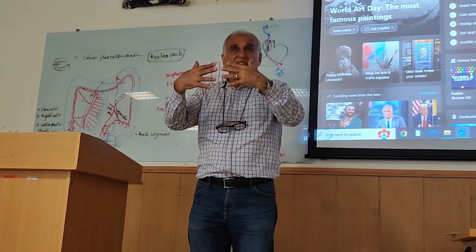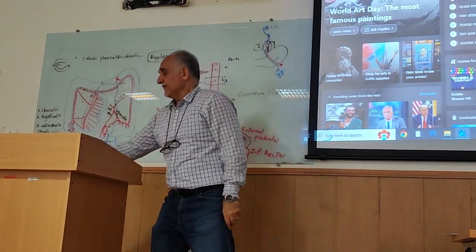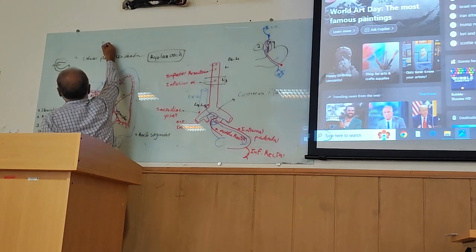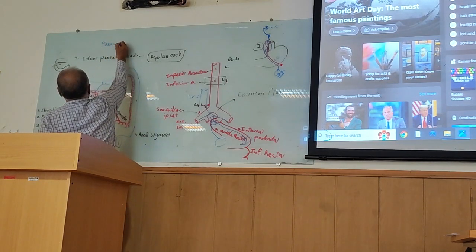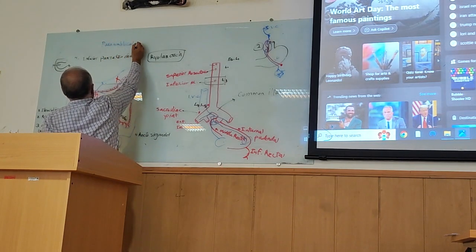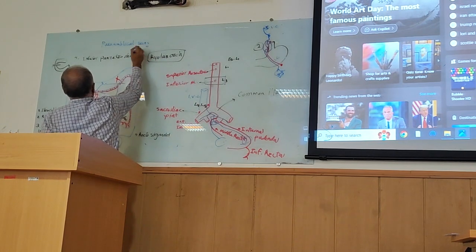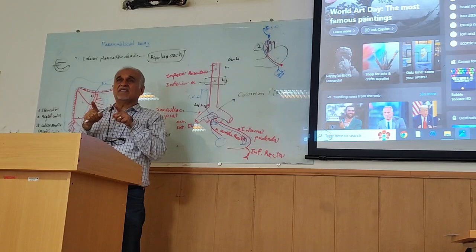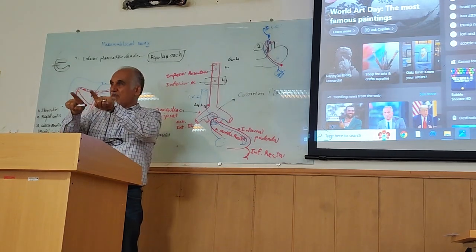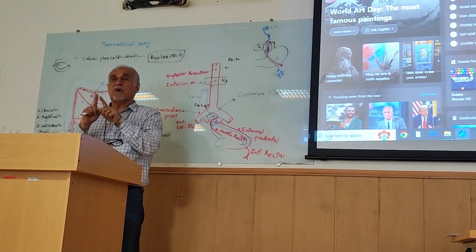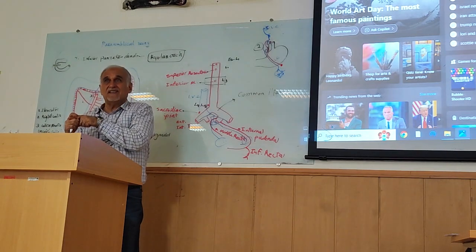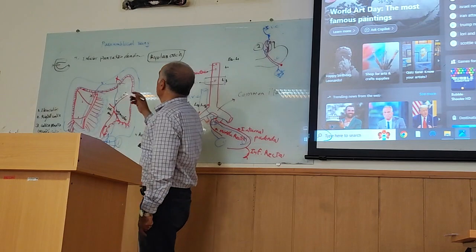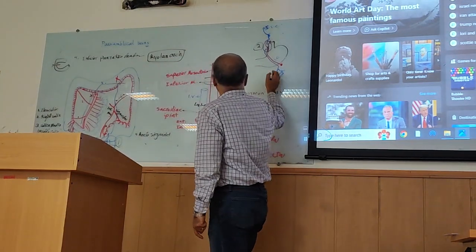These superficial veins connect by two paraumbilical veins. Para means beside the vein, yes. Paraumbilical veins from the umbilicus reach to the portal vein. This one.